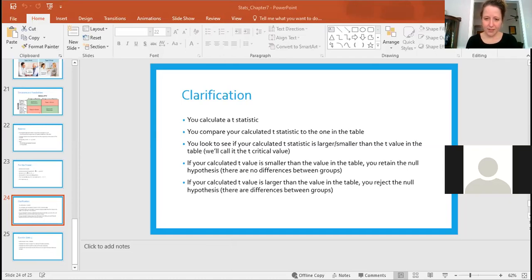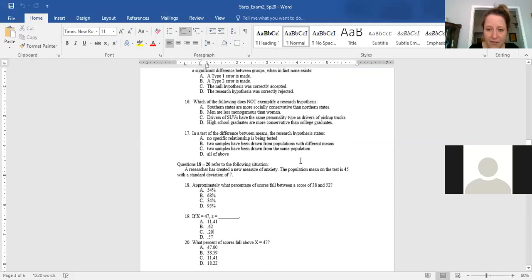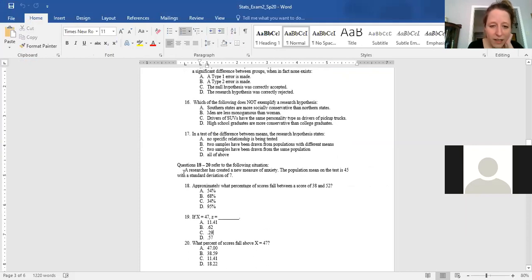Okay. So for this one, I made it kind of easy. So if you notice, here we have our measure of anxiety. Our population mean is 45. Our standard deviation is 7.